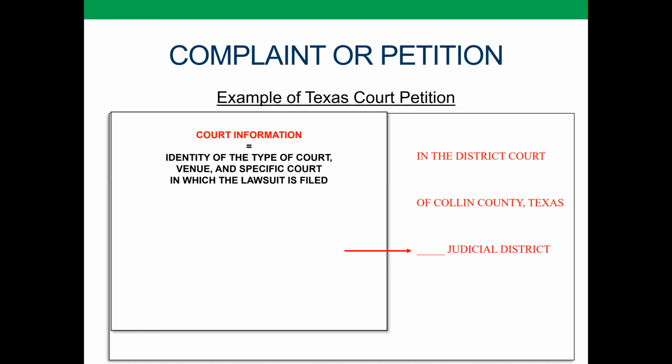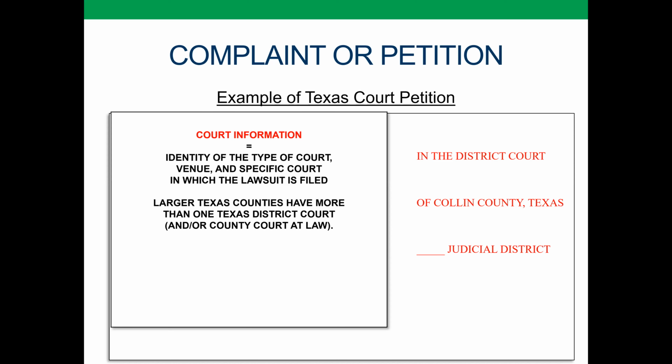So that's why here you have to leave the blank for the judicial district number, that is the district court number, blank so that the court clerk or the filing system online can assign you that court. And then once you've filed the original petition and then you've had the court assigned, then from then on, you would need to have the court number filled in, such as 191st Judicial District.